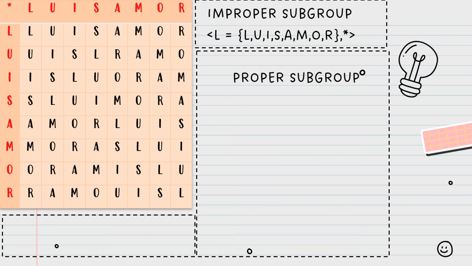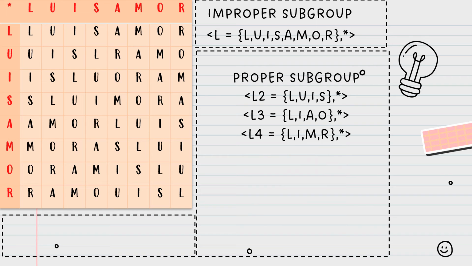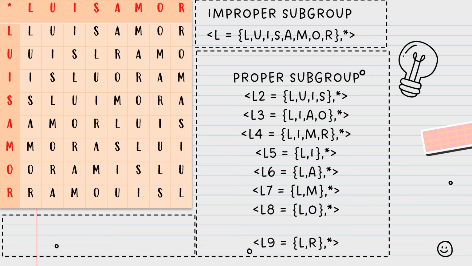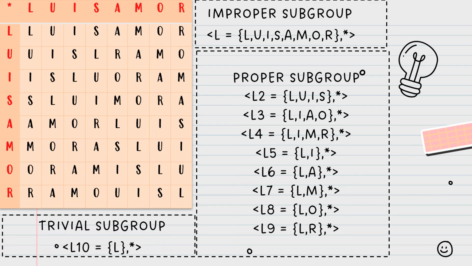Next, for the proper subgroups, we have L2 equals {L, U, I, S} star, L3 equals {L, I, A, O} star, L4 equals {L, I, M, R} star, L5 equals {L, I} star, L6 equals {L, A} star, L7 equals {L, M} star, L8 equals {L, O} star, and L9 equals {L, R} star. And now for the trivial subgroup, which is also the identity element, we have L10 equals {L} star.